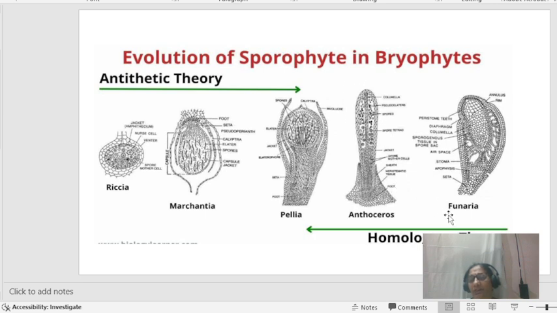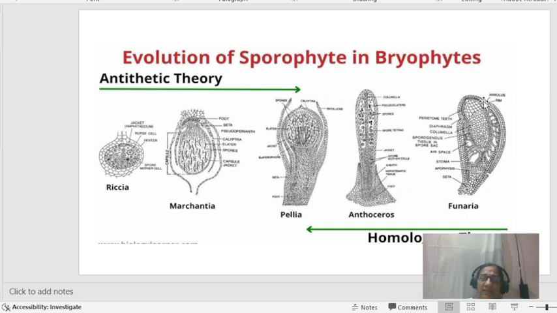With further progression, you can see the sterilization takes place in Funaria, where within there are spores, and the multi-layer jacket cell is there, the foot is there, and the outer wall consists of photosynthetic tissues.